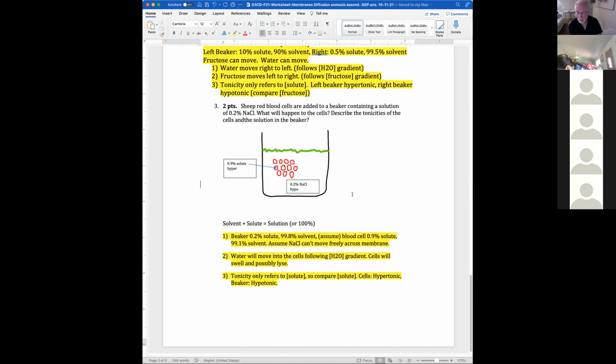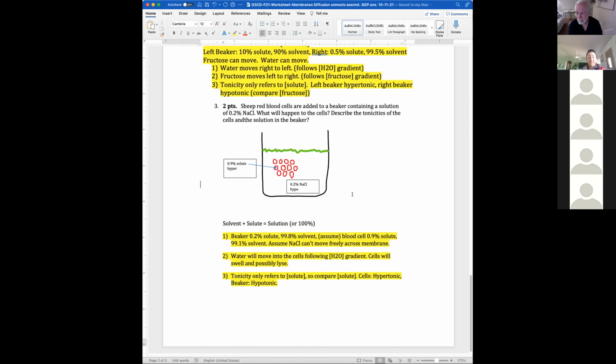You can also Google this. Just ask for either tonicity or membrane transport, and you'll find several other ways people explain how to do these problems. So if you're still having difficulty after my explanation, there are other explanations that you might find more helpful.